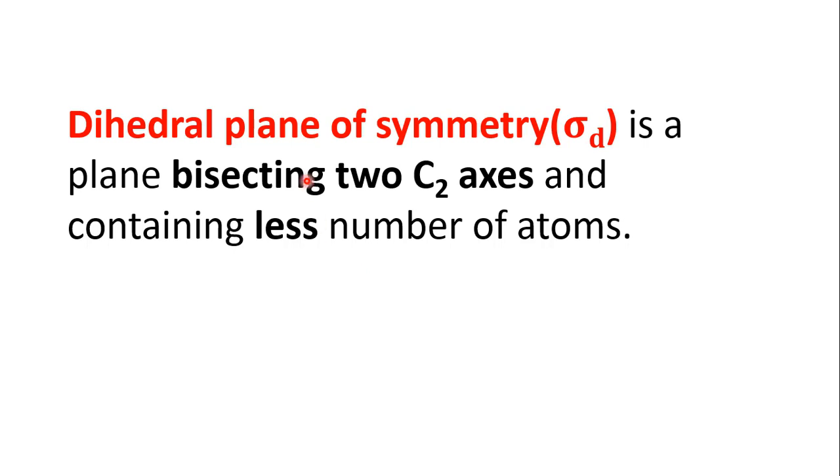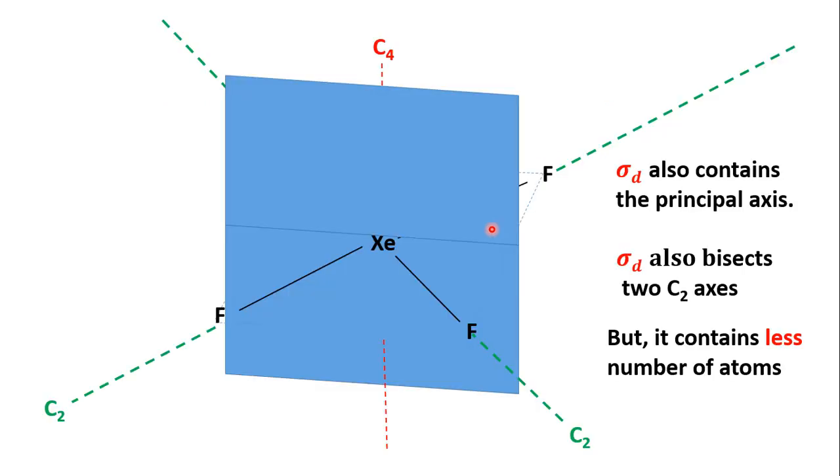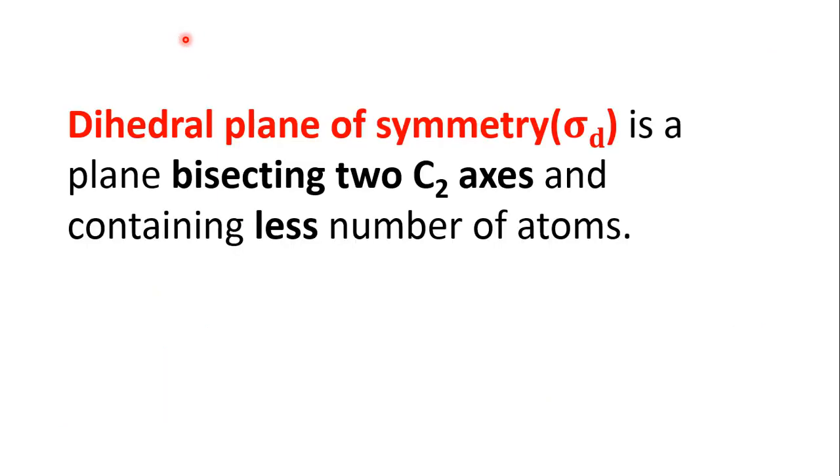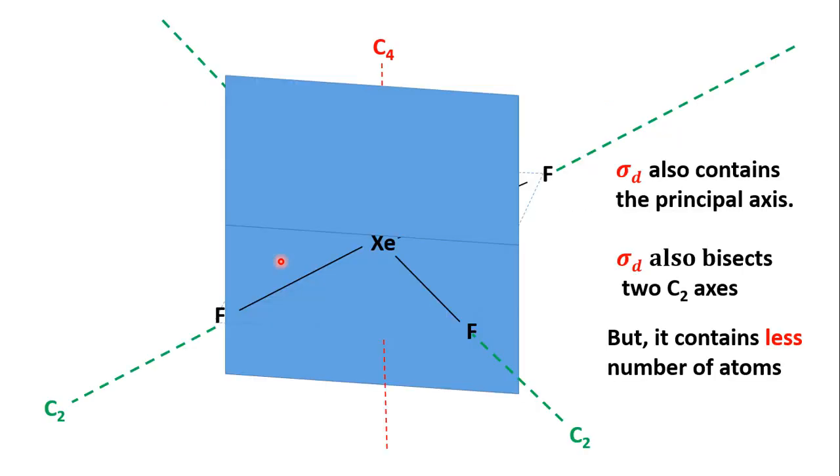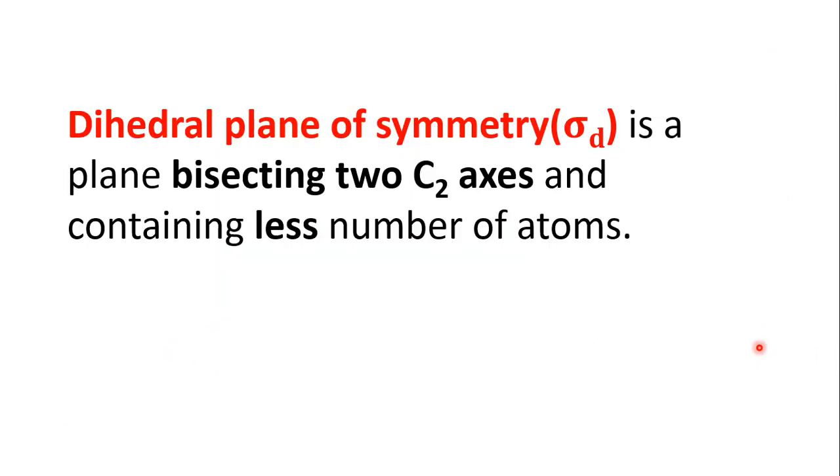To summarize, the dihedral plane of symmetry, which we saw just now, is a plane bisecting two C2 axes. It is bisecting this C2 axis in front of the plane and this C2 axis behind the plane, and containing less number of atoms. It contains only xenon. These two fluorine atoms are in front of the plane, so it contains less number of atoms. That is what we call a dihedral plane of symmetry.